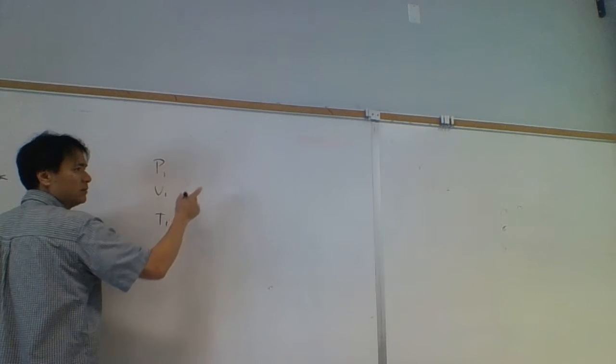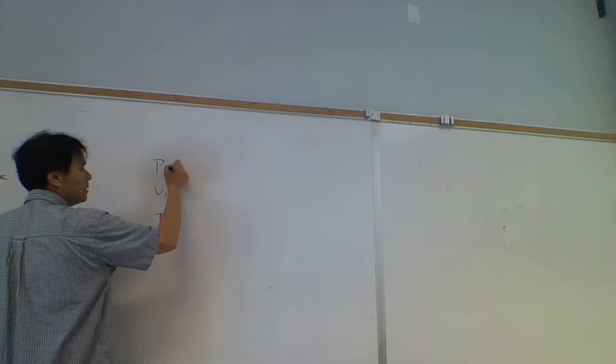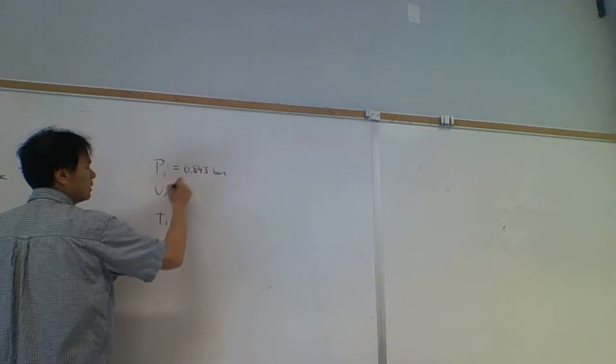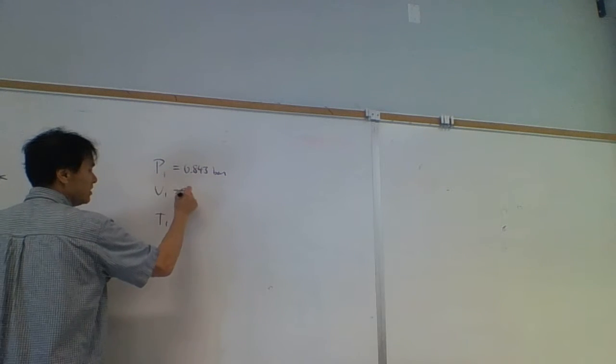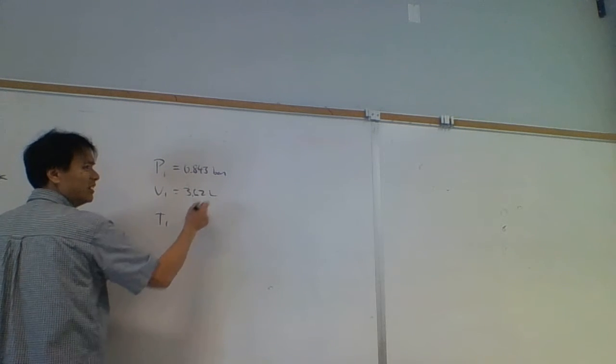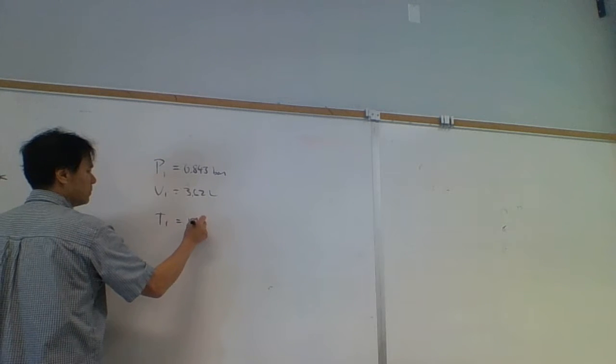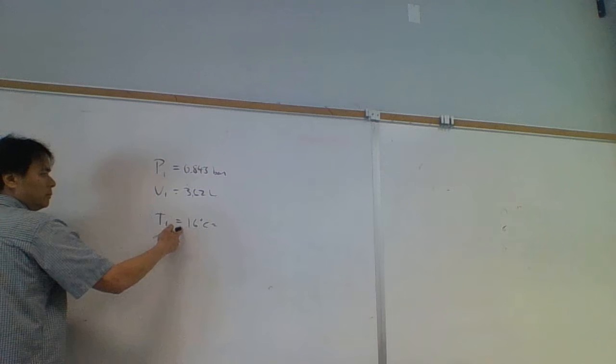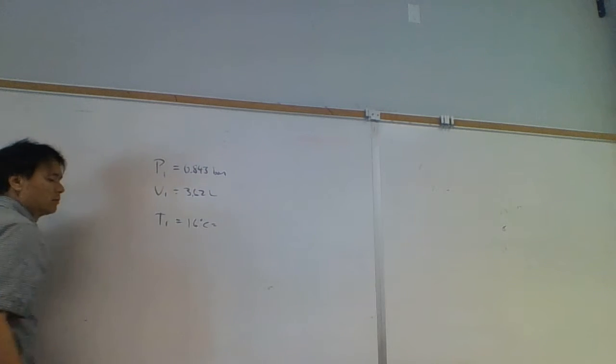So if we look at the original nitrogen gas sample, it had a pressure of 0.843 bar, a volume of 3.62 liters, and a temperature of 16 degrees C. We can't leave this one, but we can leave these two. It's not a problem.